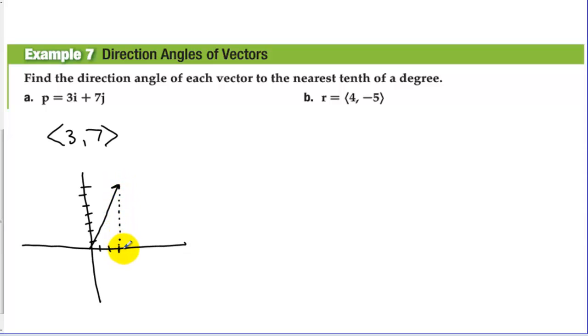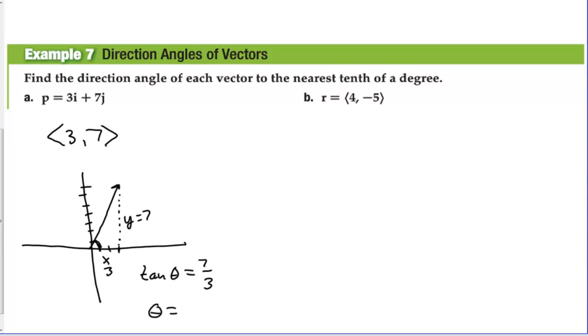We could draw a line to the x-axis. If that's the angle right there, this is the x, this is the y, and the x is 3, the y is 7, and we can say that the tangent of the angle that we're looking for is equal to opposite over adjacent, or sine over cosine, or in this case 7 over 3. Now to find the angle, we just take the inverse tangent of 7/3.